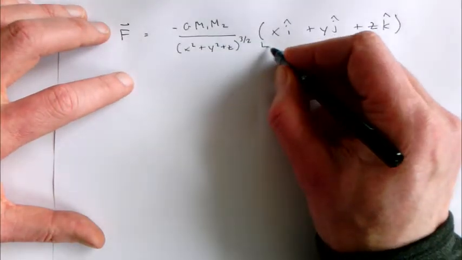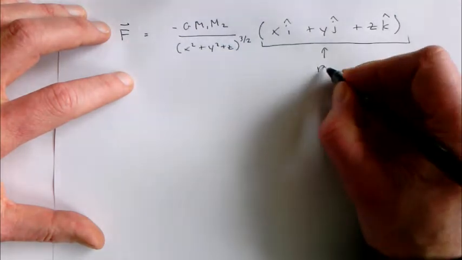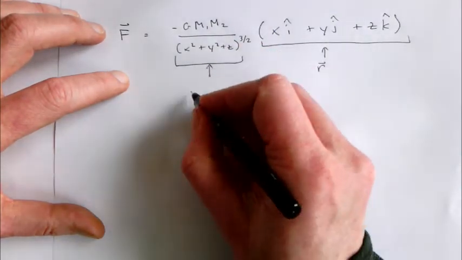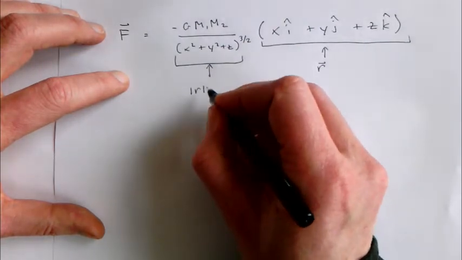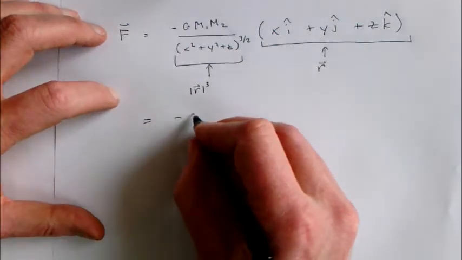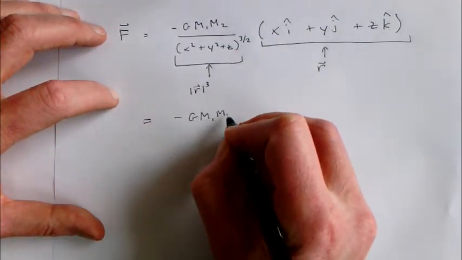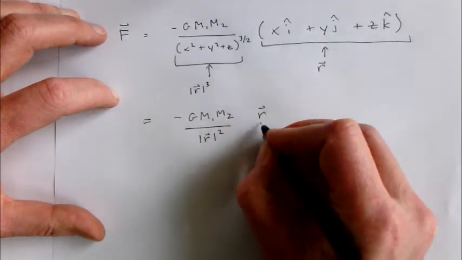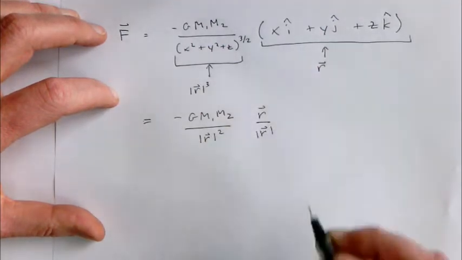Of course, we can recognize that this quantity is simply r vector, right? This quantity is the magnitude of r vector cubed, right? And so I could rewrite this as minus G m1 m2 divided by the magnitude of r vector squared times r vector divided by the magnitude of r vector, right?